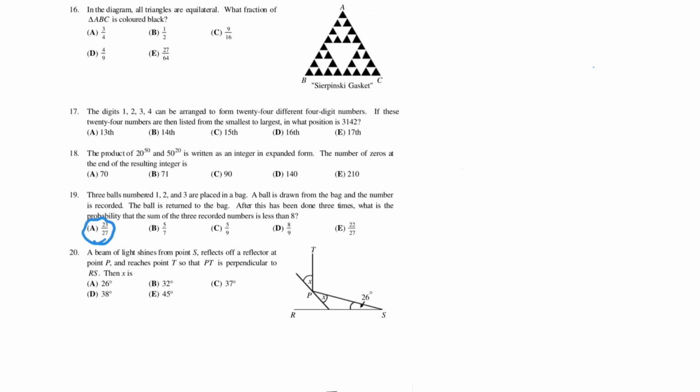Number 20. A beam of light shines from the point S, reflects off the reflector at point P, and reaches point T so that PT is perpendicular to RS. Then x is... let's copy this figure.